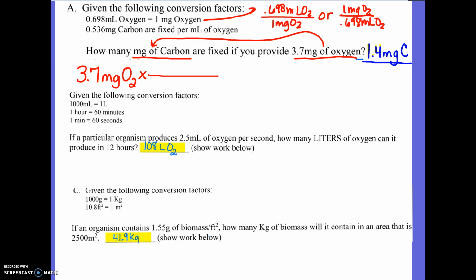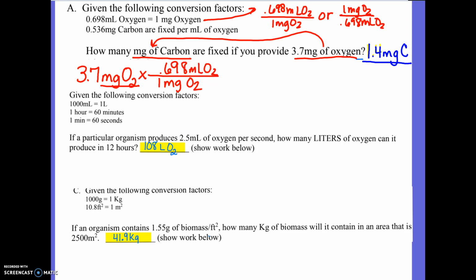Now, to choose which one, I want to pick the one that's going to cancel milligrams of oxygen. Since milligrams of oxygen is basically my numerator in my original number, I want it to be my denominator in my conversion factor. So 1 milligram of oxygen is going to go on the bottom, and 0.698 milliliters of oxygen is going to go on the top.